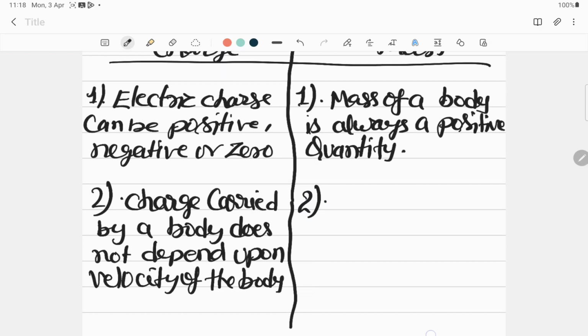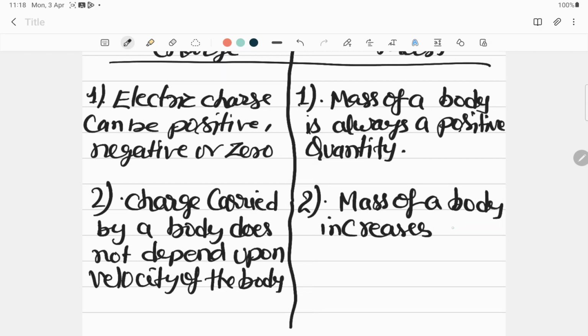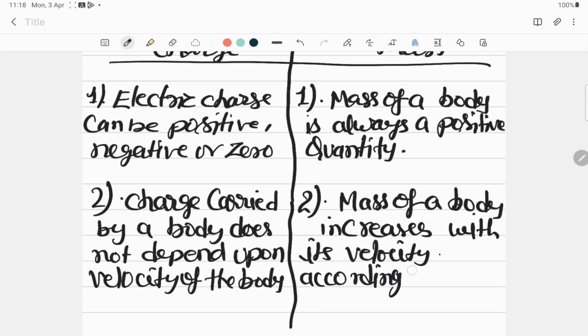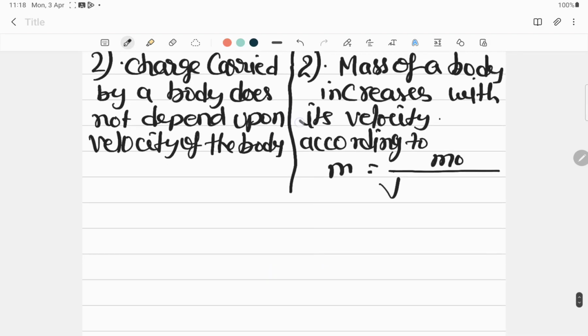Number 2, mass of a body increases with its velocity, according to m is equal to m0 upon square root of 1 minus v square by c square, where v is the velocity of the body, c is the speed of light, 3 into 10 to the power 8 meter per second, and m0 is the rest mass.